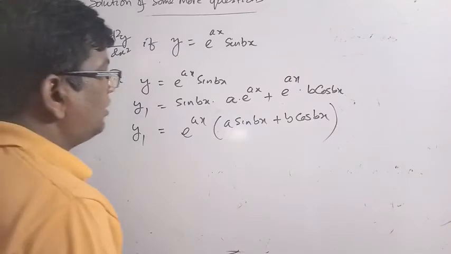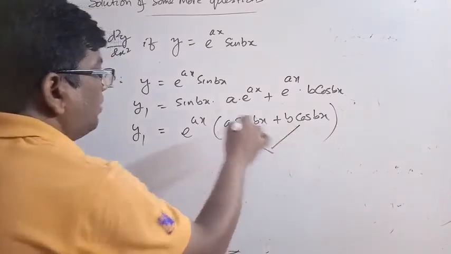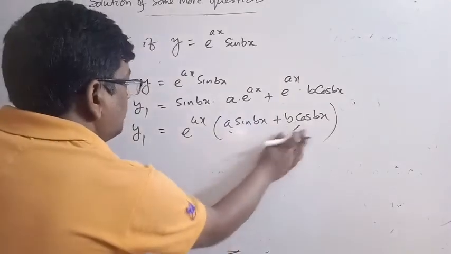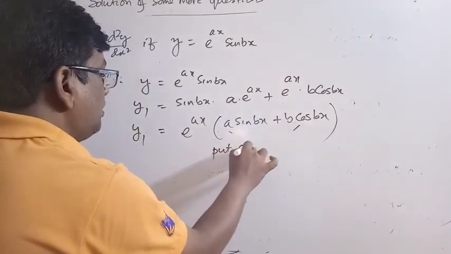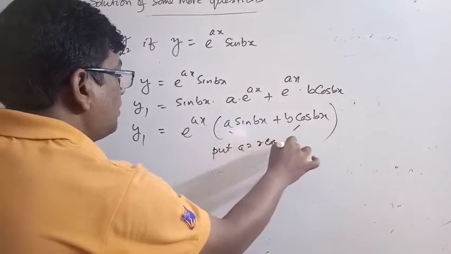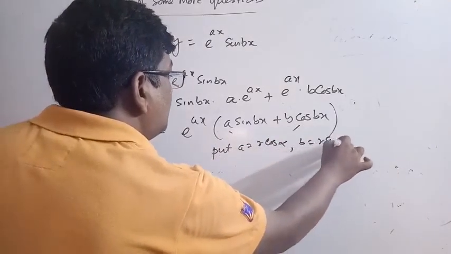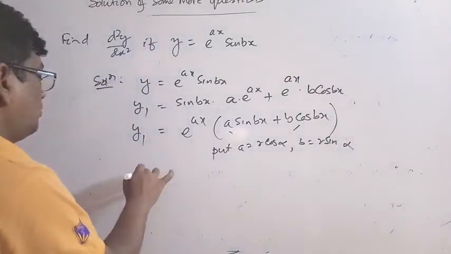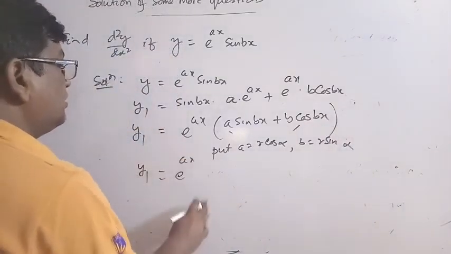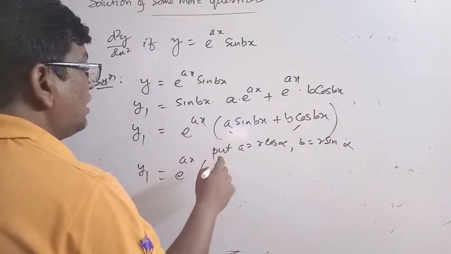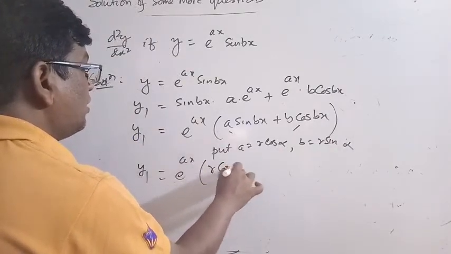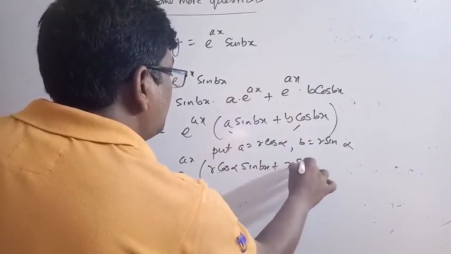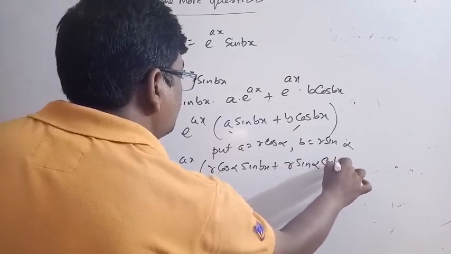Okay, and again try to make the sin of a plus b formula. Suppose put a equal to r cos alpha, b equal to r sin alpha. So y1 is equal to e to the x, and this is r cos alpha sin bx, and this is r sin alpha cos bx.